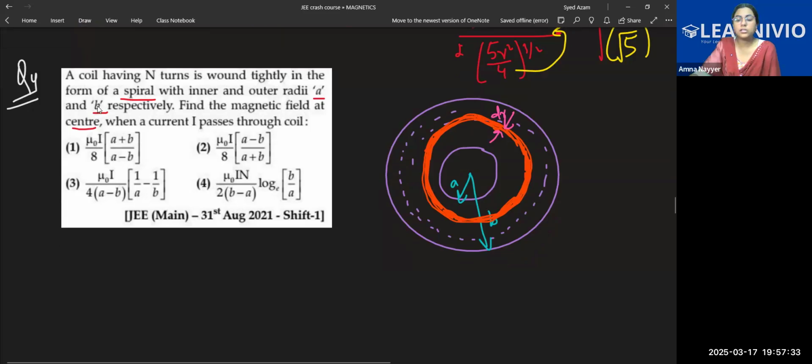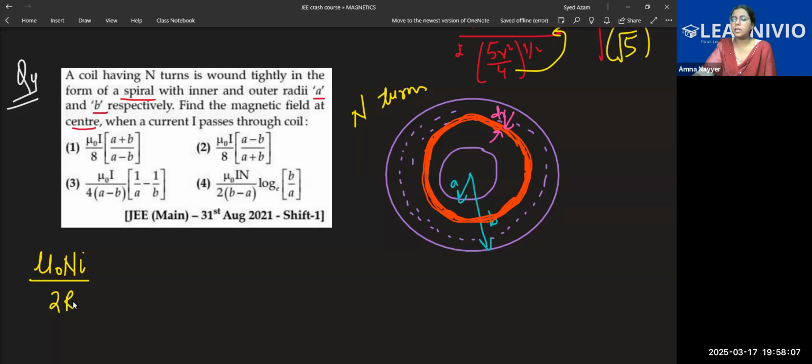Now, how to solve this question? We have got a very thin, very fine ring, which is the dr. Now we need to find out the value of the current that is passing through it. So for the magnetic field, for the current, anything that we are calculating, first this should be in your mind: N number of turns are there, and we have dr as the separation. Now at the center, usually the magnetic field is mu naught N I divided by 2r.